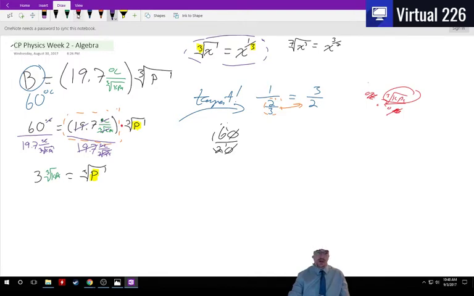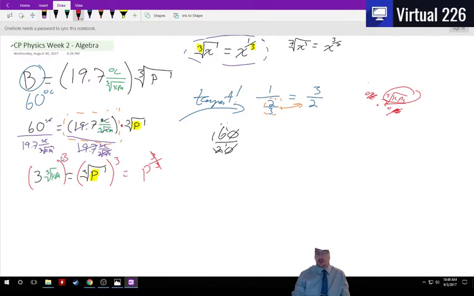Well, to do that, I simply need to raise this quantity to the 3rd power, because that would be equal to saying pressure cubed to the cube root, that equals 1, so it's just the pressure. And then since I've cubed it on this side, I need to cube it on this side. When I do that, I need to make sure I cube the 3, and I'm going to cube this unit here.